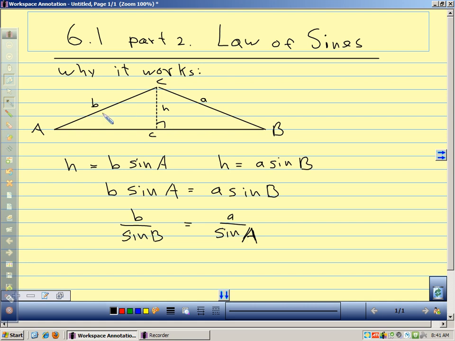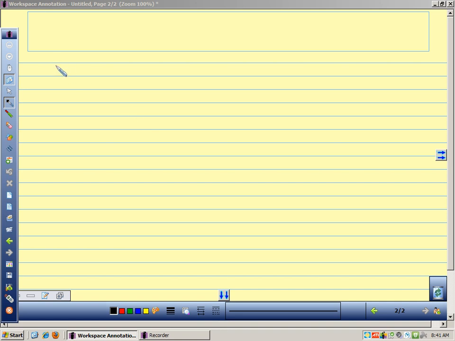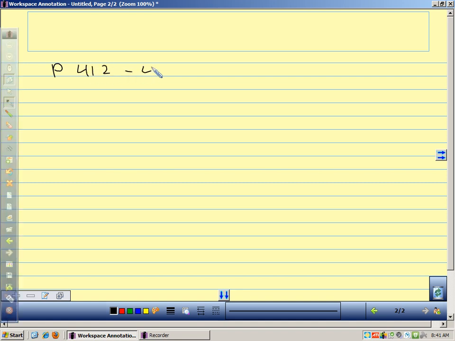So what I want to do first is, in your book, on page 412 and 413, there are a bunch of diagrams that list out some possibilities for triangles.